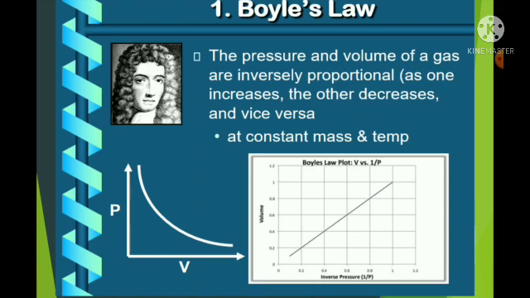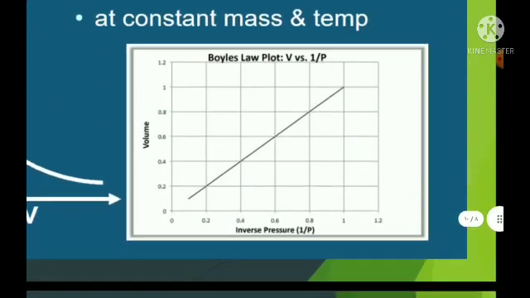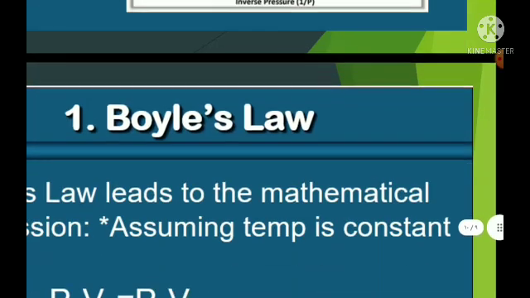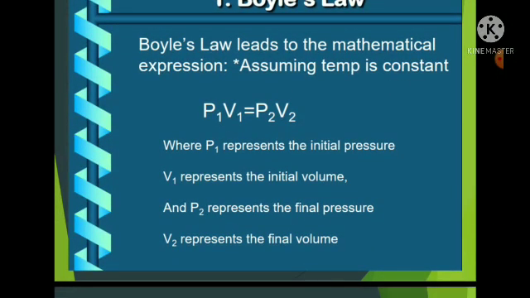Here you can see P and V. This is the diagram of the Boyle's law plot, V with P. Boyle's law leads to the mathematical expression, assuming temperature is constant, P1 V1 equals P2 V2, where P1 represents the initial pressure, V1 the initial volume, P2 the final pressure, and V2 the final volume.